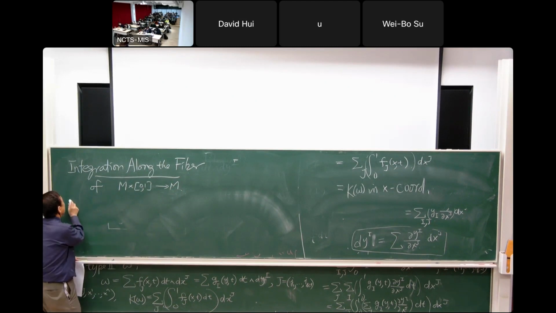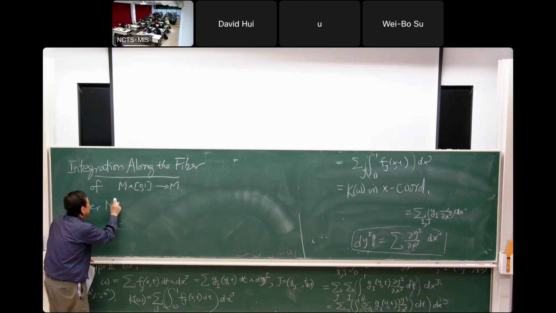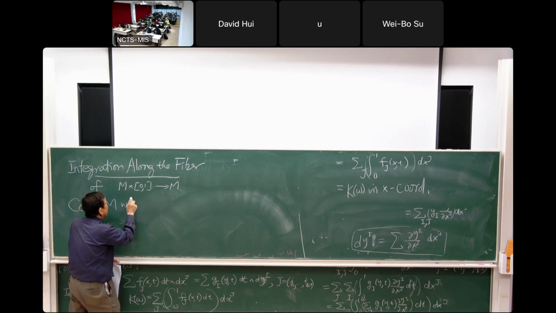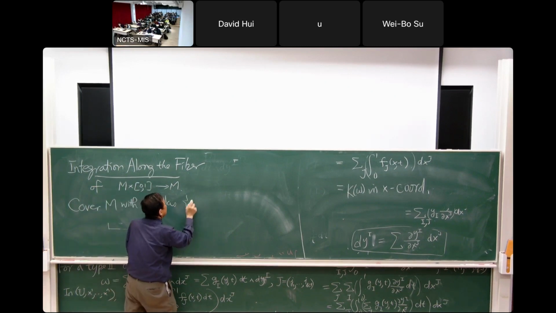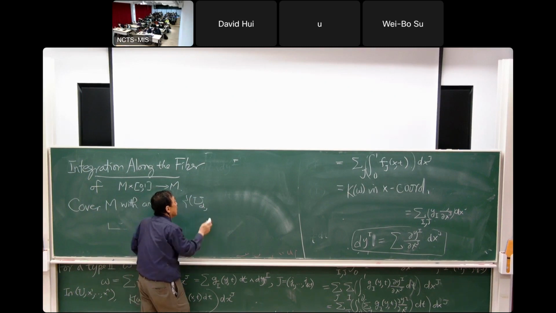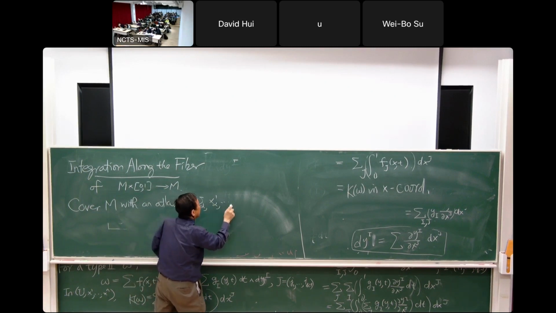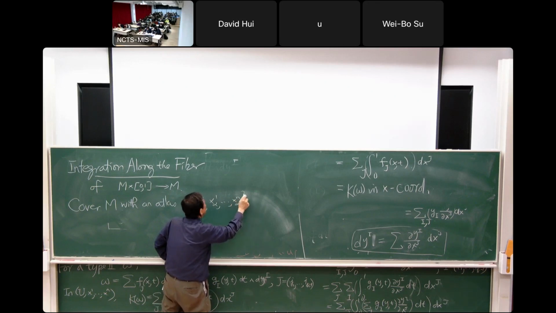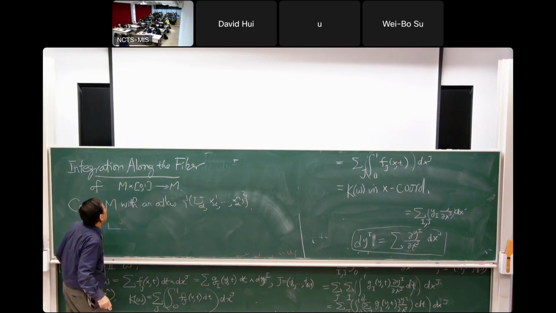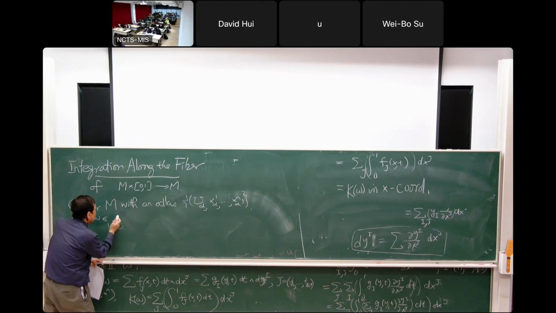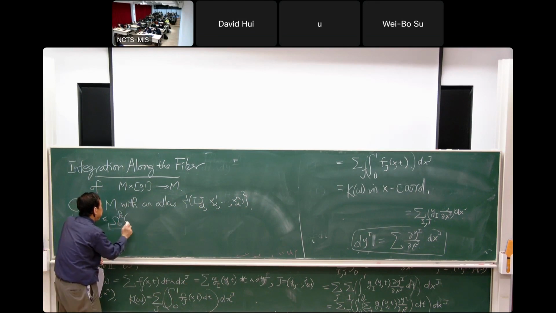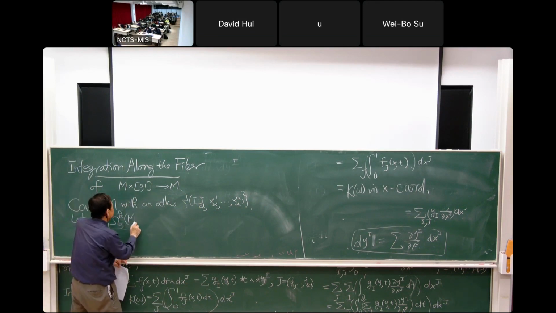First of all, you cover M with an atlas. And then you let omega be a form on M cross 0, 1.